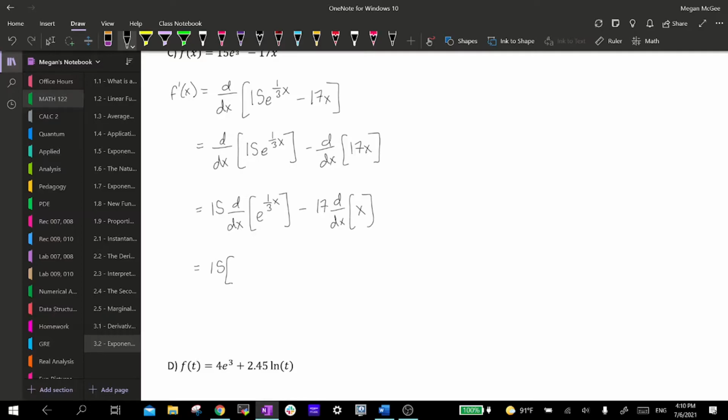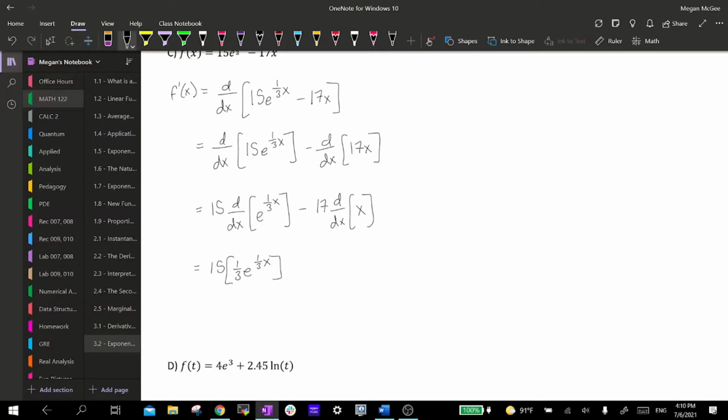This is again one of our e to the kx problems. So k is 1/3. We need to bring that out front. So we need 1/3 e to the 1/3 x. We don't touch anything in the exponent. We don't subtract anything for our exponential functions, okay?